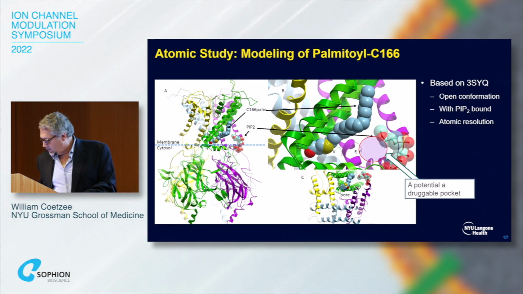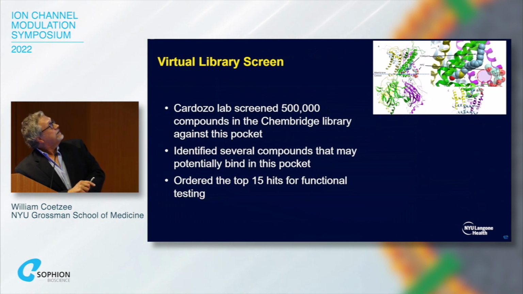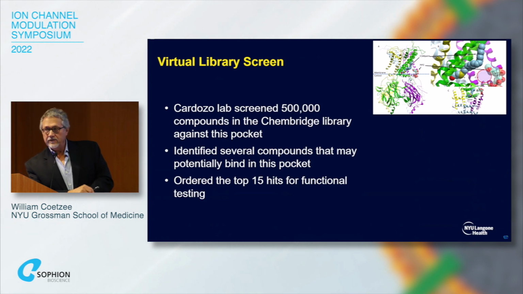And then what he did was to perform a virtual library screen. They screened 500,000 compounds against the Cambridge library to find whether any compound could potentially bind in that pocket. They identified several of these compounds and ordered the top 15 of these hits.